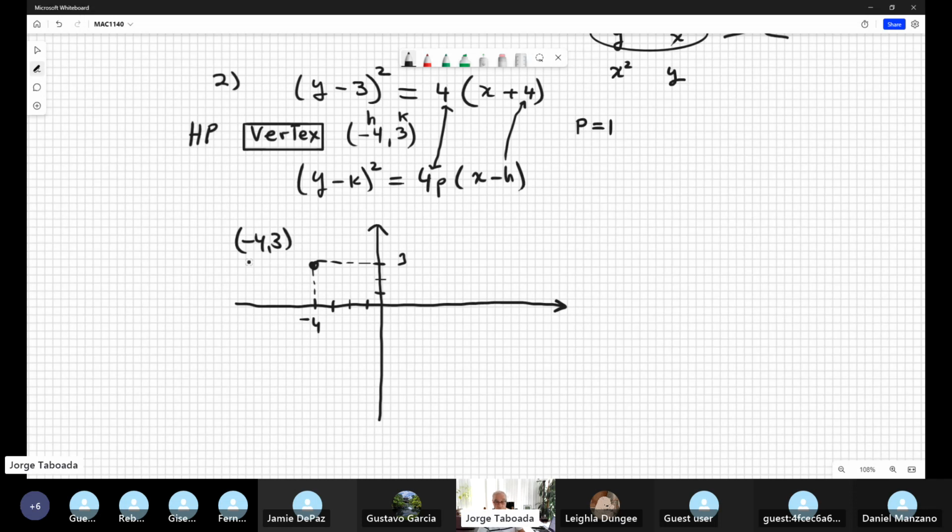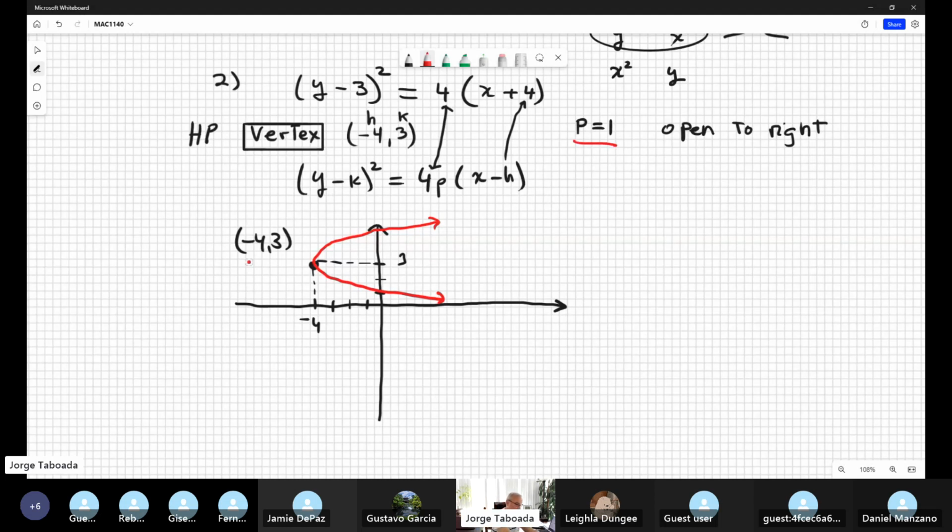I know also that this is horizontal, open to the right because p is positive. So my parabola I suppose looks like that, roughly sketched, because p is positive.